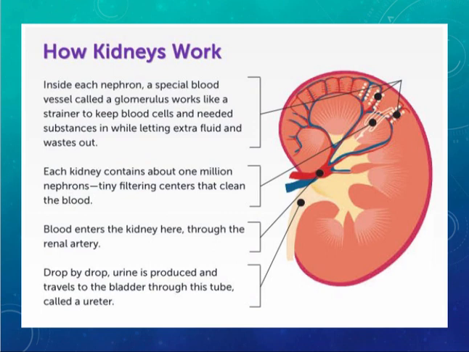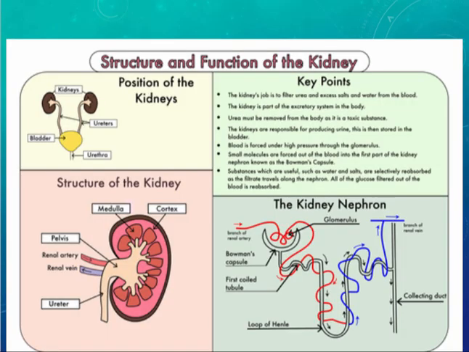There's tons of nephrons in the body, and we'll take a look at these as we move further through. Your blood enters, and that's what's cleansing it, and then it's excreted back out. The waste is excreted in urine. This is just another image, the position of your kidneys, the structure of the kidney. The nephron, like I mentioned, is the functional unit of the kidneys.